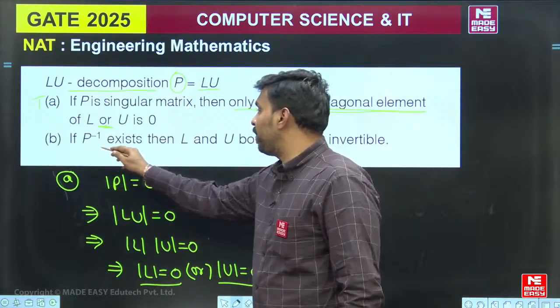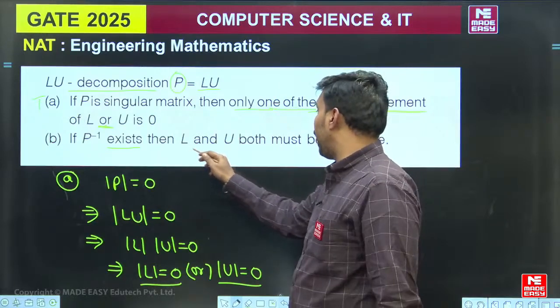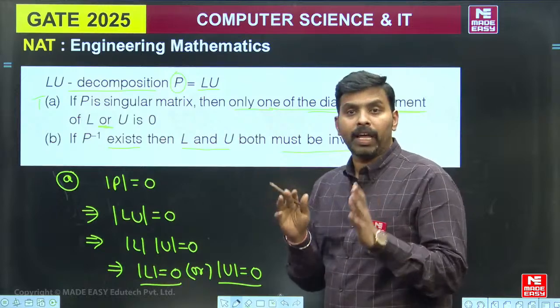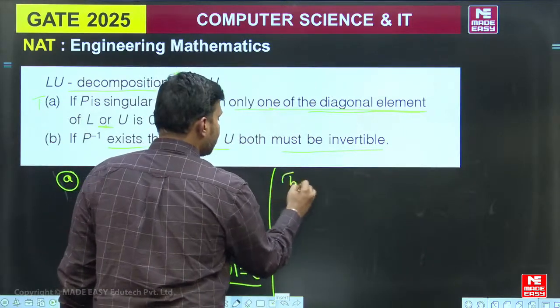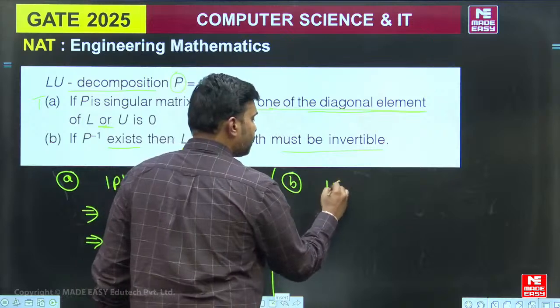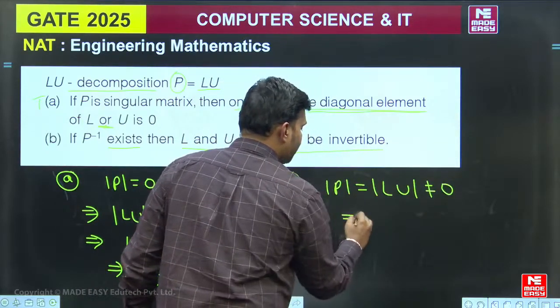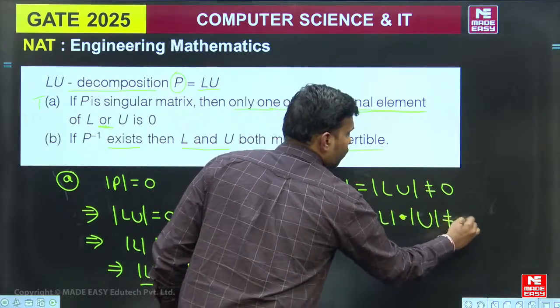And the second one: if P inverse exists, that means it is a non-singular matrix, then L and U both must be invertible. Let's check whether both L and U are invertible. P inverse exists means mod P, that is mod LU, is not equal to 0. This implies mod L into mod U is not equal to 0.